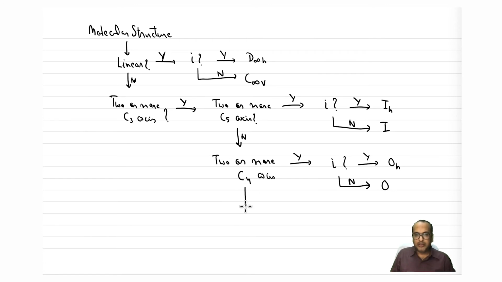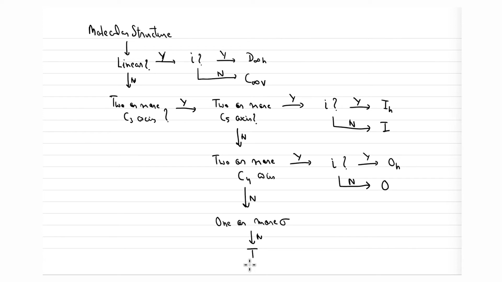Now if that answer is also no, there are no two or more C4 axes, then the next question is, one or more sigma? If it is no, then you assign it as the T point group.